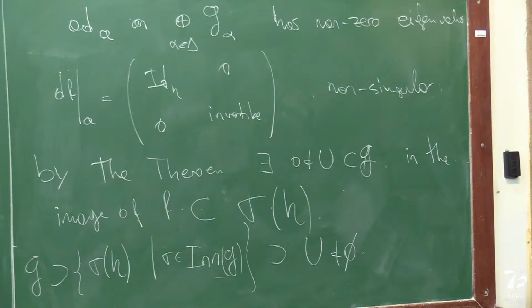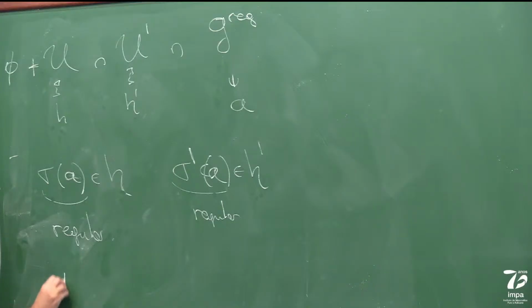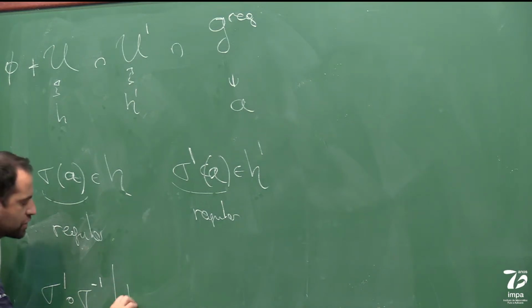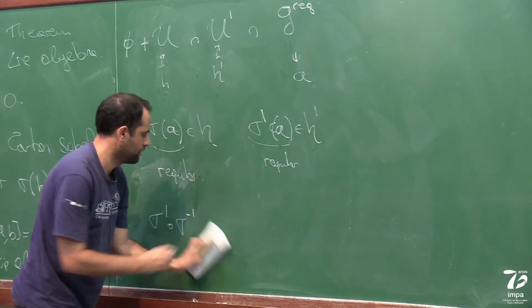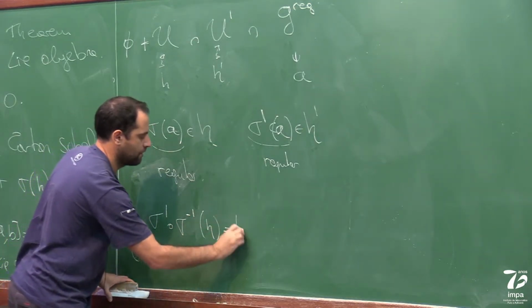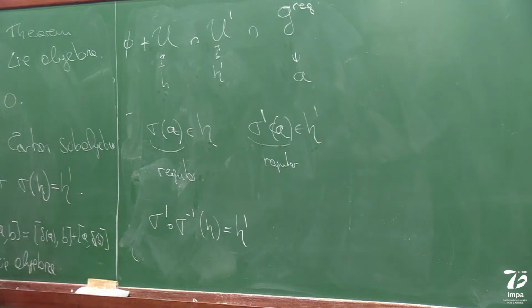Okay, and then the statement of the theorem is proven by checking, therefore, that, what did I need? H to H prime. So you check that sigma prime composed with sigma inverse needs to send H to H prime. Why is that?